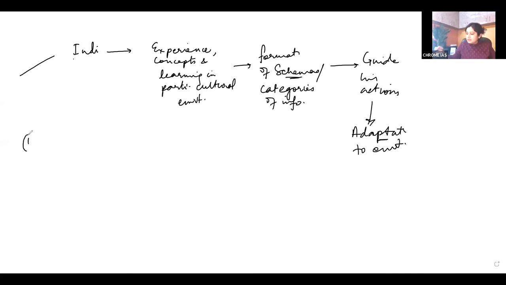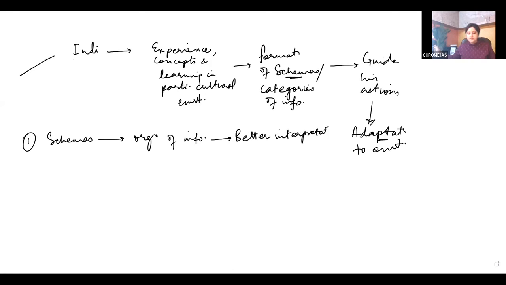The first simple thing: schemas will lead to organization of information. When the information is organized in your memory, it will lead to better interpretations of reality.